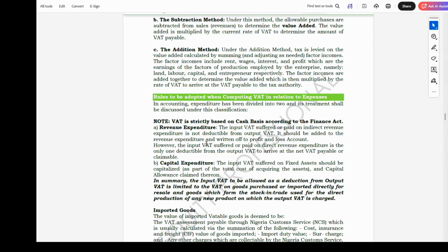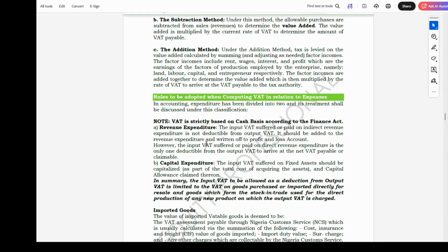So you can have an expenditure that is direct to one business and the same expenditure is indirect to another business. So the determination of direct and indirect revenue expenditure depends on the nature of the services or the product engaged by the business.